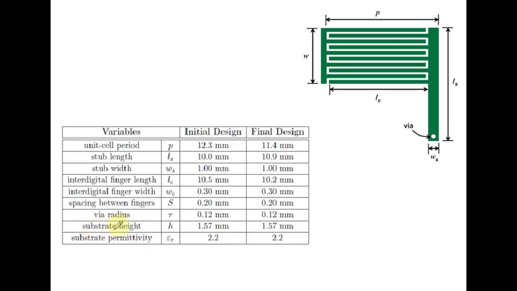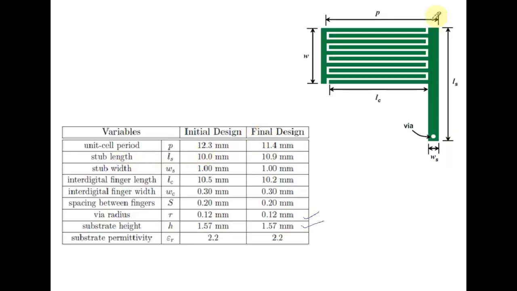The substrate height of the dielectric material is 1.57 mm, and its permittivity is 2.2. These two are the default values. The radius of the via is 0.12 mm. It is also a default value. This is calculated, and this is the optimized value.